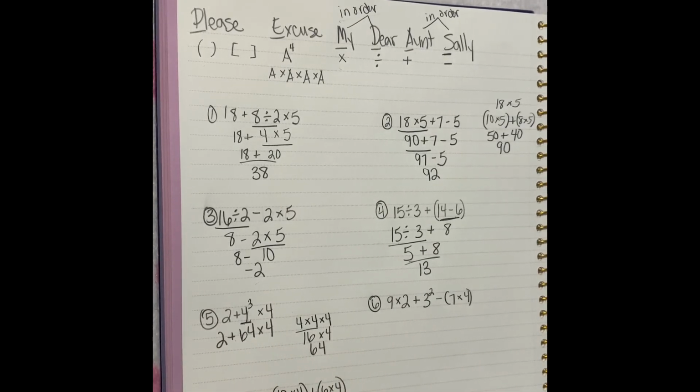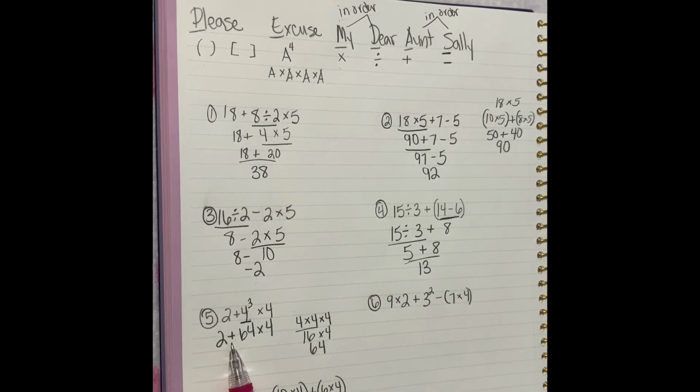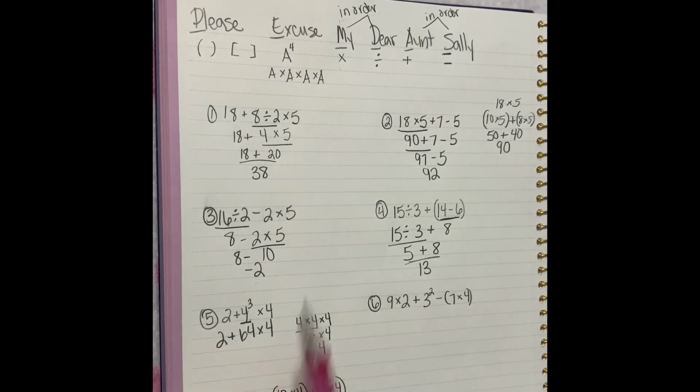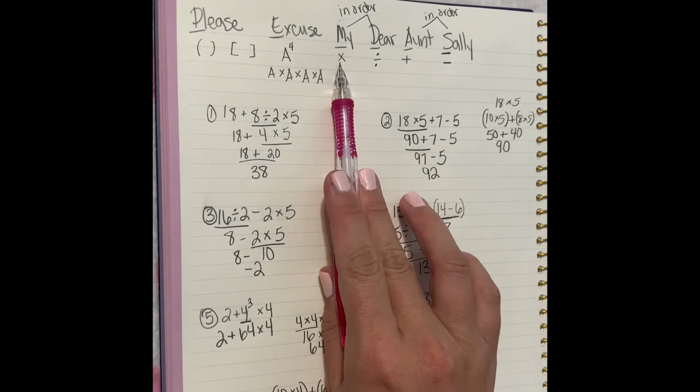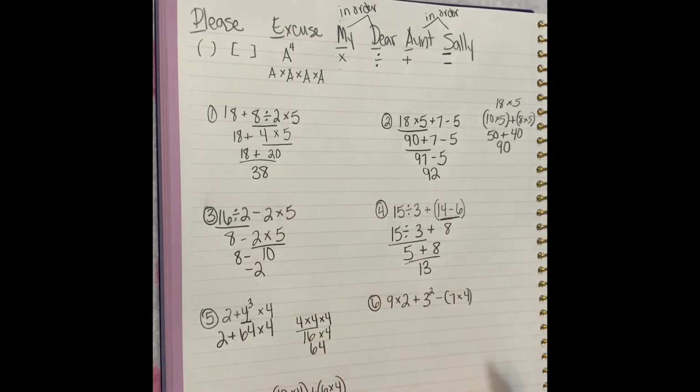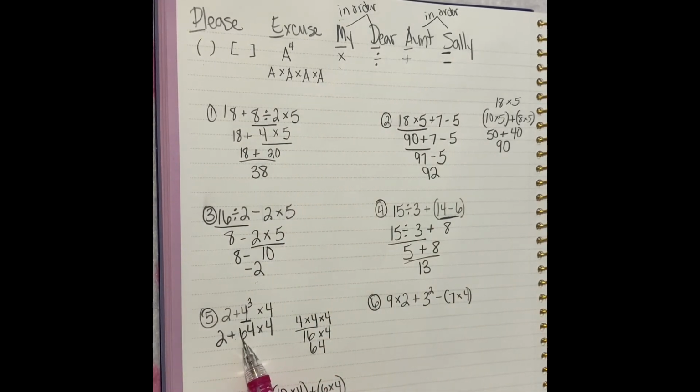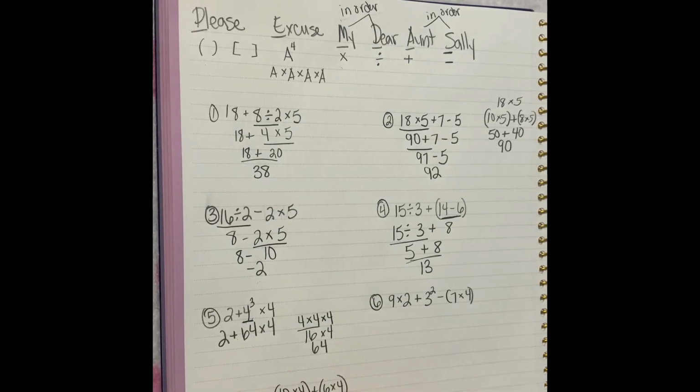All right, what are we going to do next? Addition or multiplication? I hope you said multiply. All right, so we have to do 64 times 4. So I'm just going to come down here where I worked it out and multiply here.